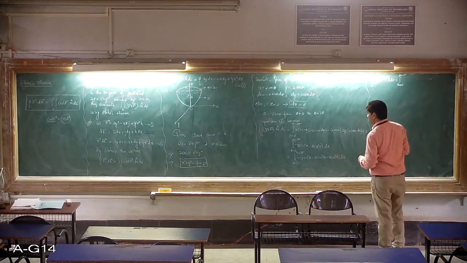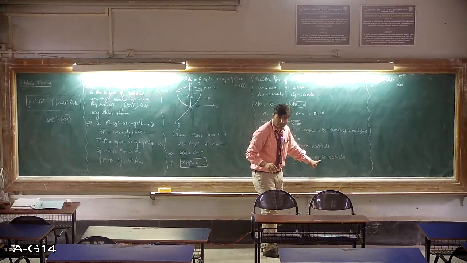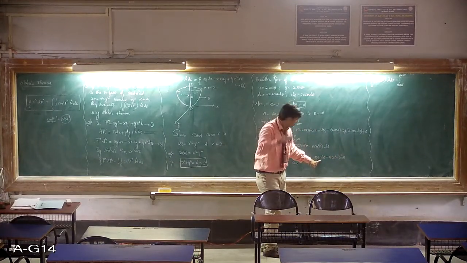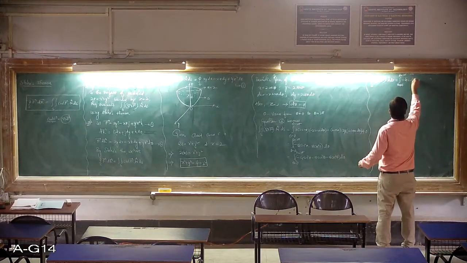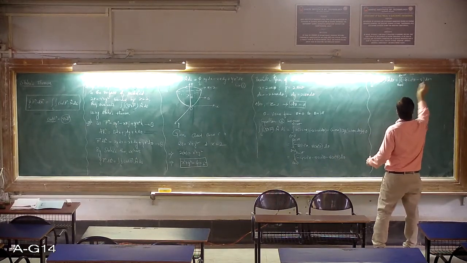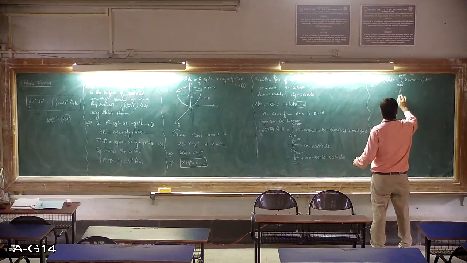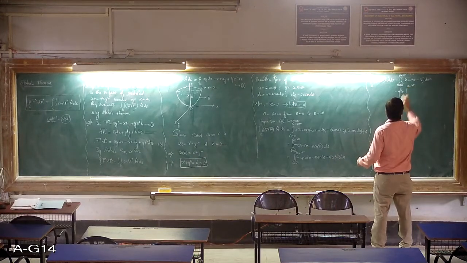If you take minus 8 common, then here you will get sine square theta plus cos square theta. Sine square theta plus cos square theta value is 1. So now we'll get minus 4 times sine square theta, minus 8 you will get, and here it is d theta, which is equal to minus 4 you can take common, then theta is equal to 0 to theta is equal to 2 pi.